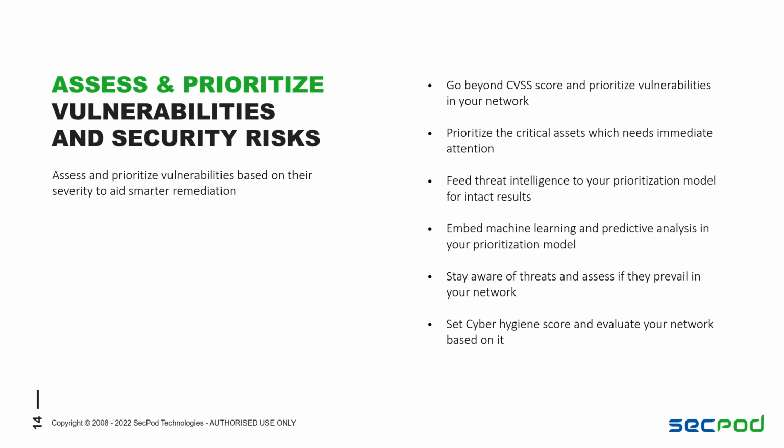And in order to prioritize the vulnerabilities, you may have certain variables coming in from the external feed as well. Maybe threat intelligence telling us that this particular vulnerability is widely exploited, or it can be asset criticality itself, maybe a particular server that is running a very critical or business critical application, and that needs to be safeguarded fast. So any vulnerability in that environment becomes extremely important and critical to fix.